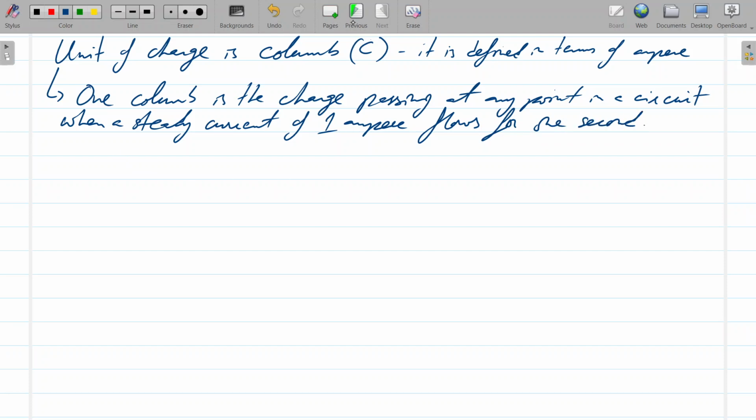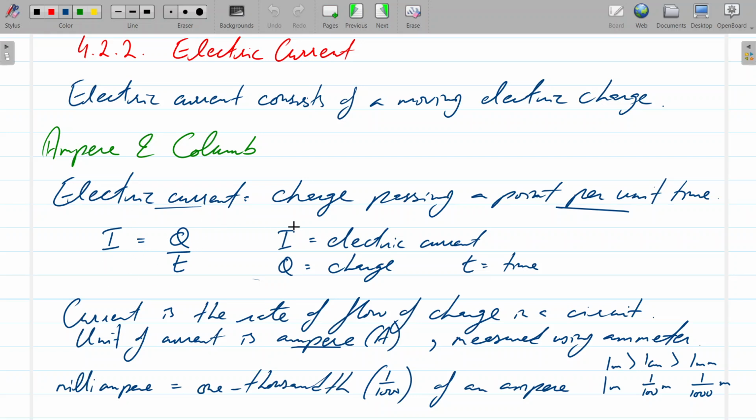Right, now since we know this equation, we know that I is electric current and Q is charge. Can we rearrange this to get an equation for charge? What would we get if we want to make charge the subject of the equation?